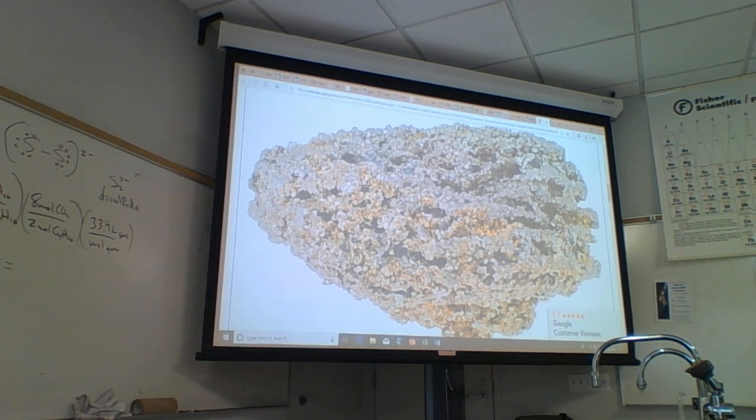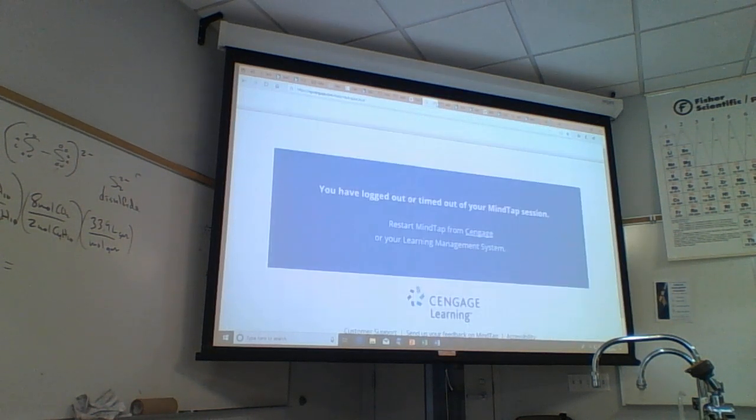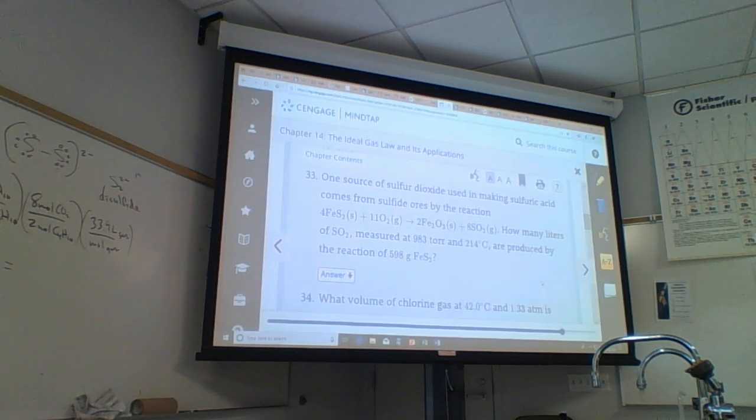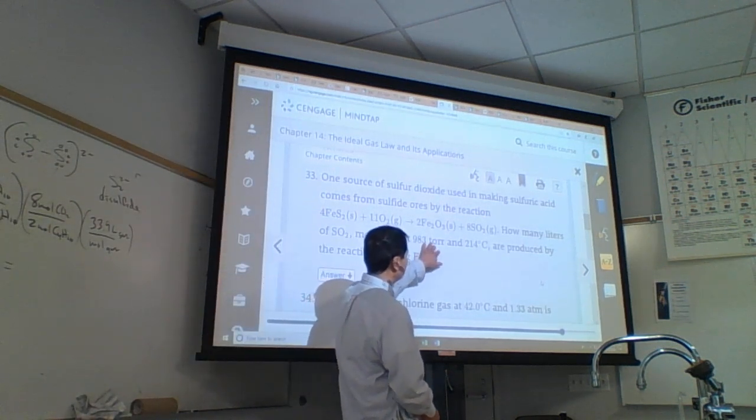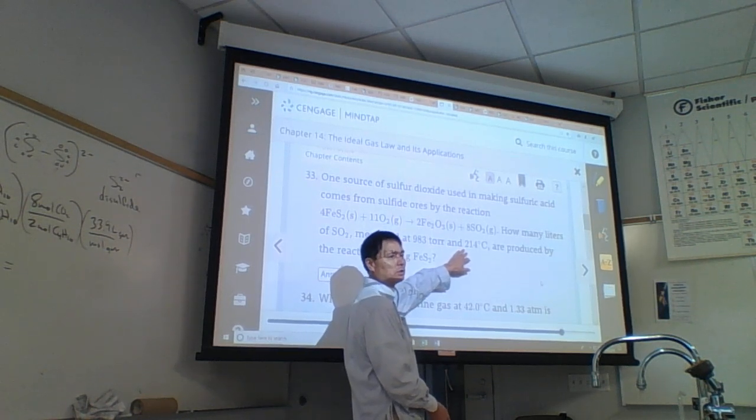Going back to this problem, let's take a look here. If we're going to use the molar volume method, then the first step is we need to calculate the molar volume of the gas at this pressure and this temperature.